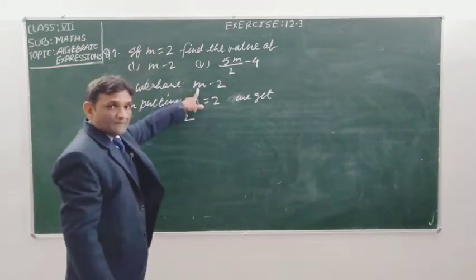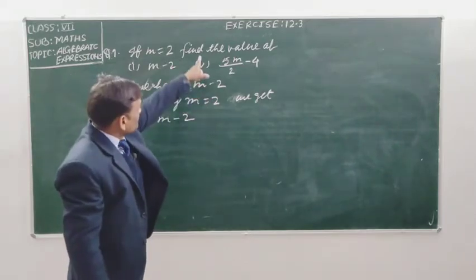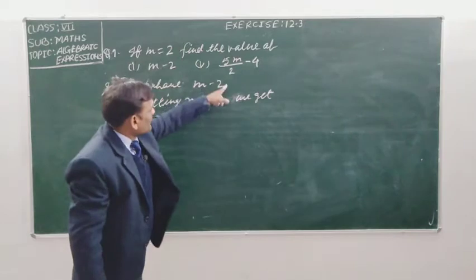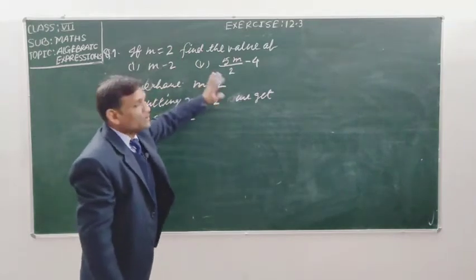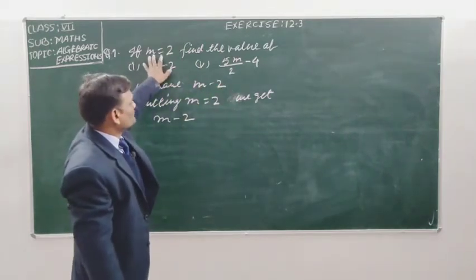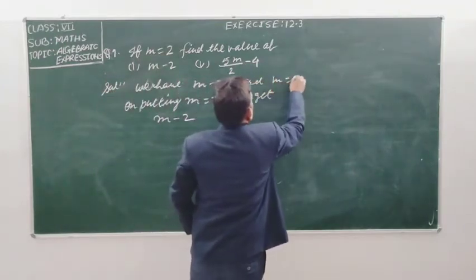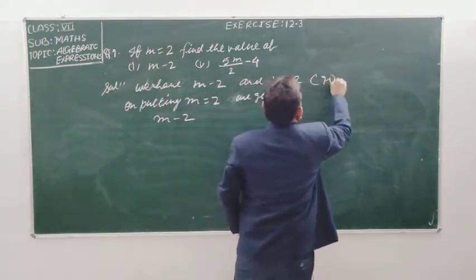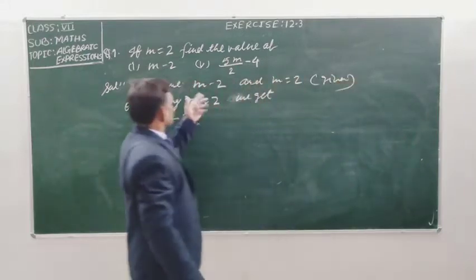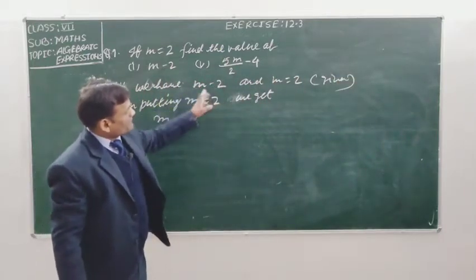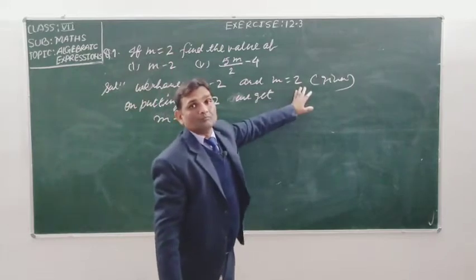Student, this is an expression and the question is saying to find the value. What is the value of m minus 2? m minus 2 का value क्या होगा if m is equal to 2? You can write m is equal to 2, given. So student, what will be the value of m minus 2 if m is equal to 2?